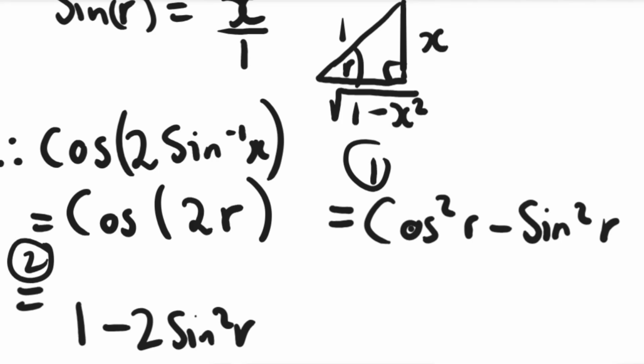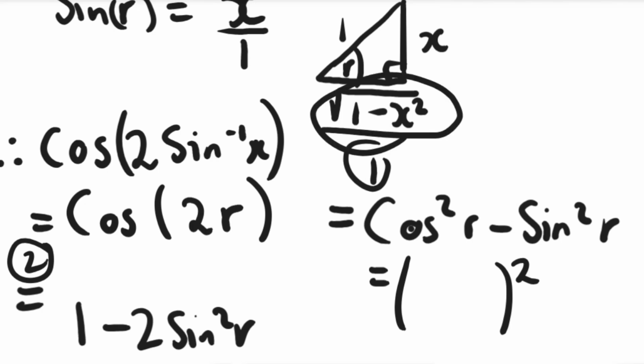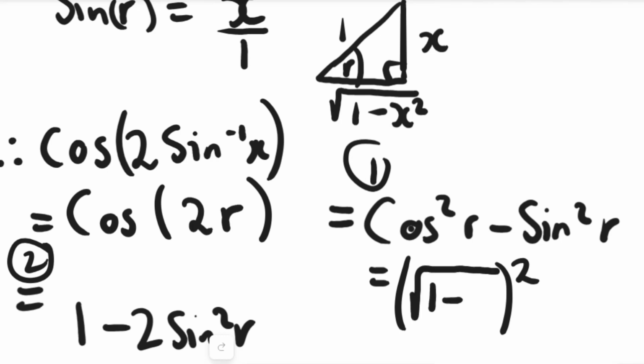With our first way, this is going to be equal to what? Cos squared of r. You have cos r, you want to write it like this, with the square there. Cos r is this square root here, over 1. So the answer is just the square root of 1 minus x squared over 1.